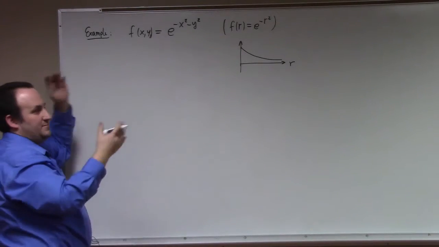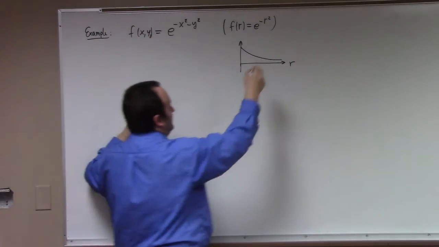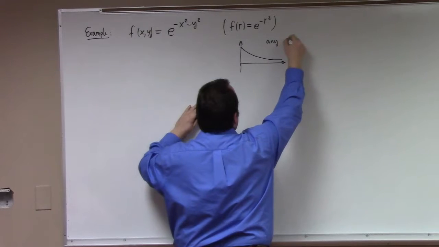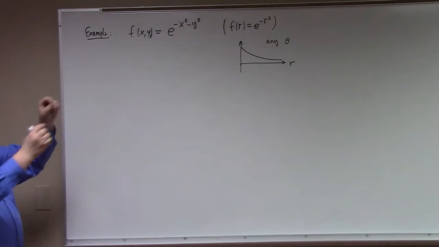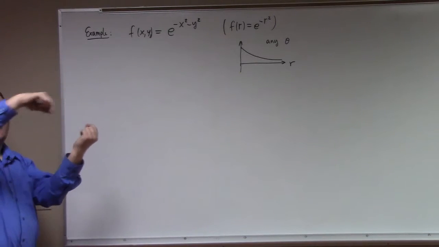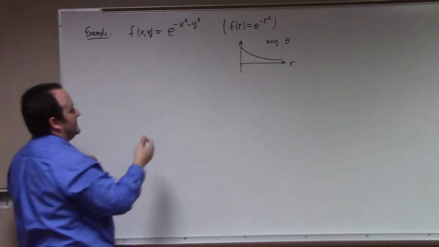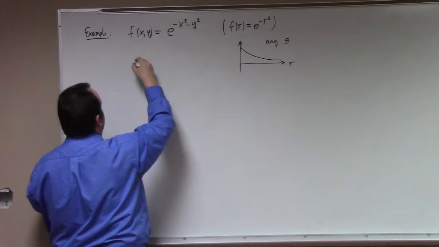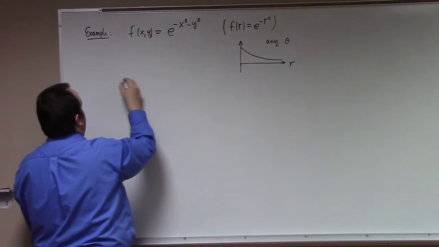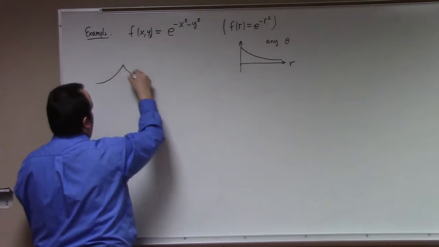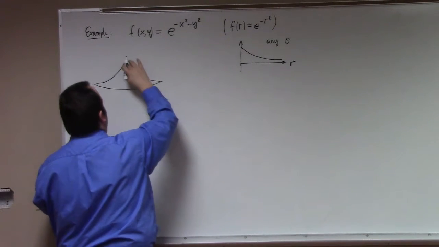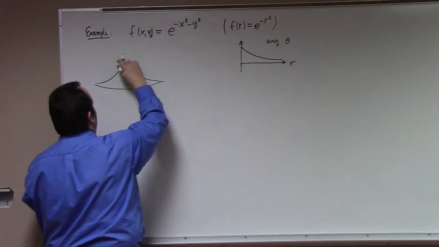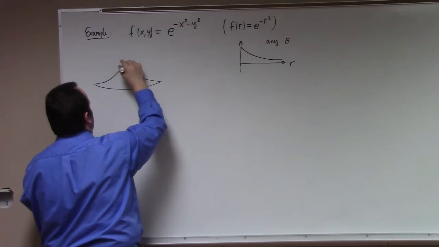So that's the plot for any theta, right? This function is independent of theta. So basically, you just take that and rotate it around the z-axis. That's the function, if I can foolishly attempt a plot of it. Although I think the top is actually not jagged. I think it's smooth, I believe.